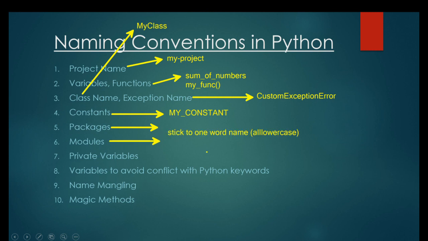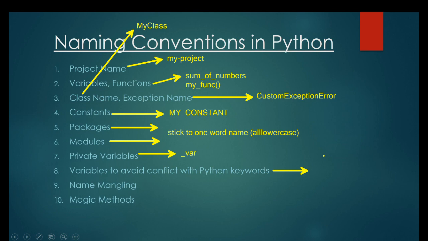Now coming to private variable. For private variable we follow single leading snake case, which is like this. Now let's say you want to use a variable which conflicts with a Python keyword, right? When I was discussing variables in that video, I explained that we cannot keep the variable name as a Python assigned keyword, but if we change the casing of any of those characters, then it is allowed.